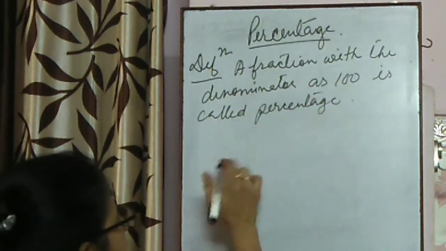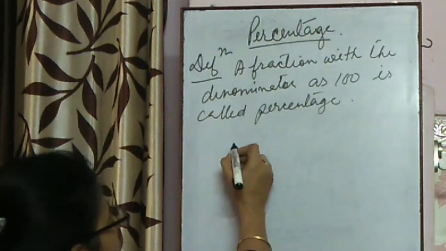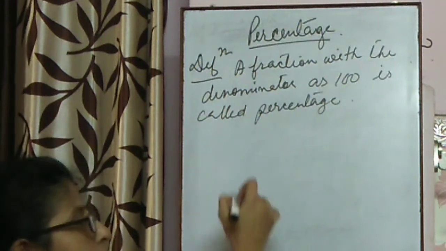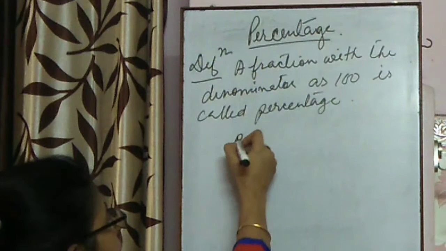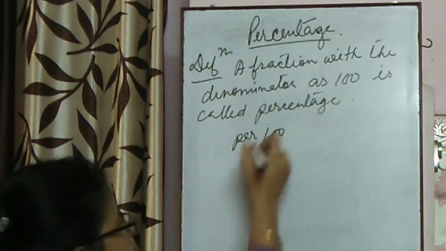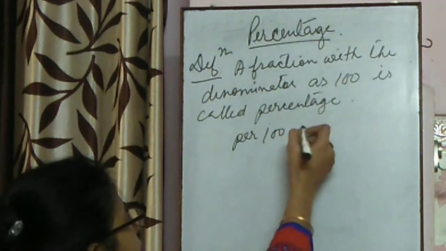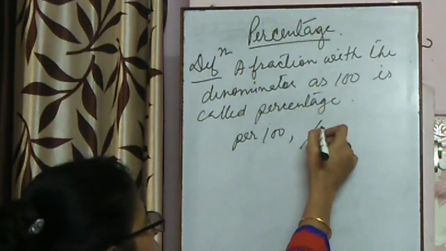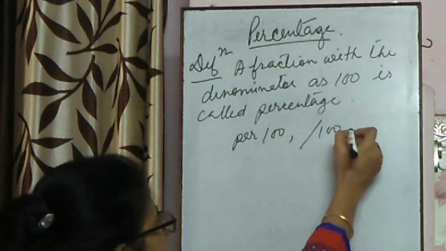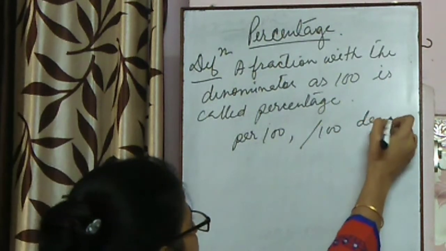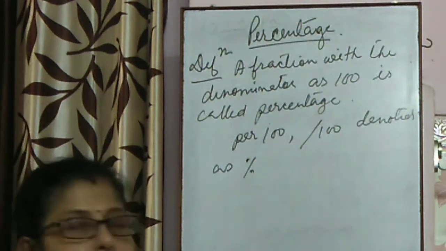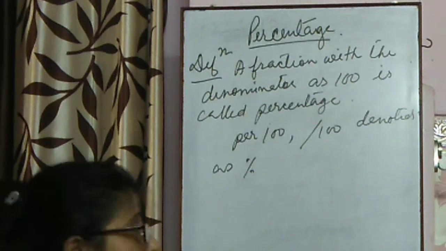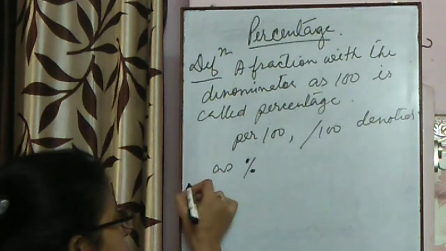So percentage means any number per 100, anything per 100. Okay, per 100 can be written this way also, and it is denoted by this symbol, percentage. This is called percentage.